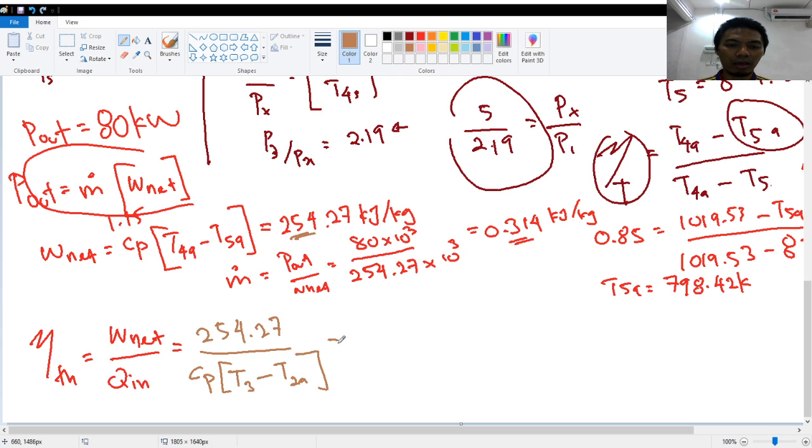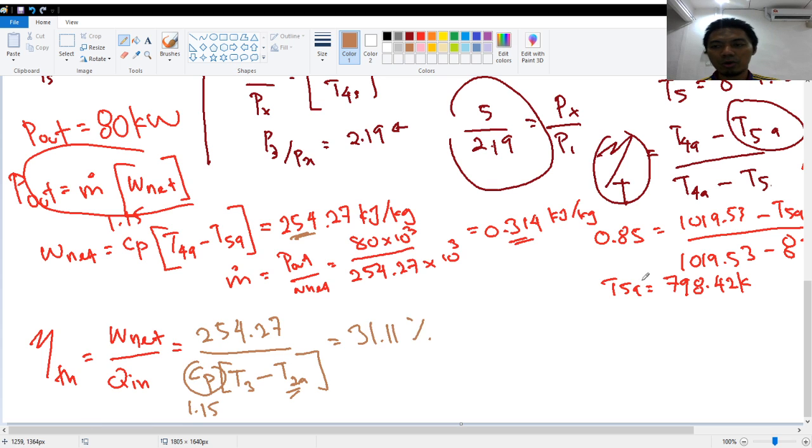It's all there because T3 is given, and T2A you already calculated. After that, you press your calculator, then you will get 31.11%.